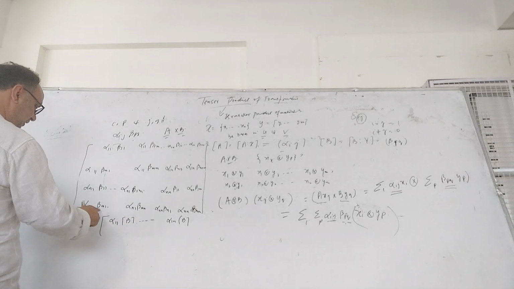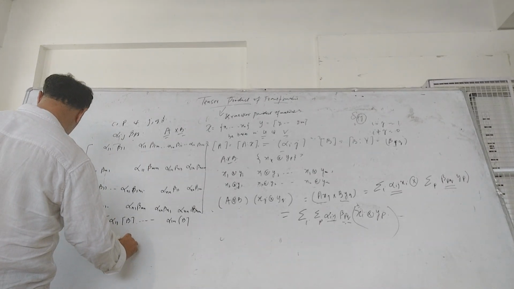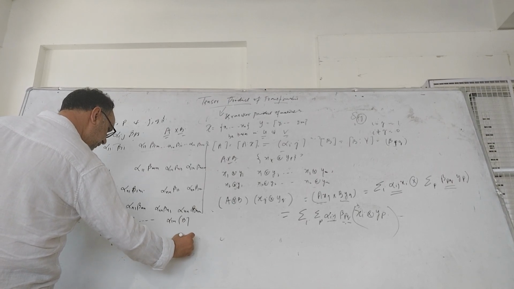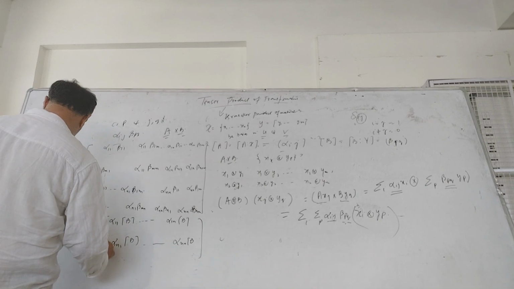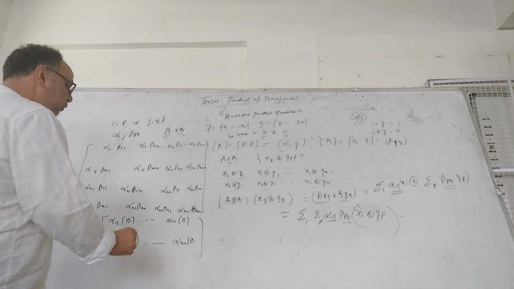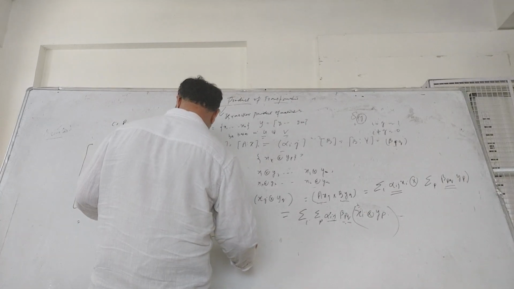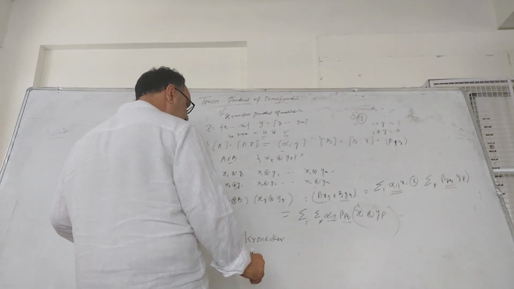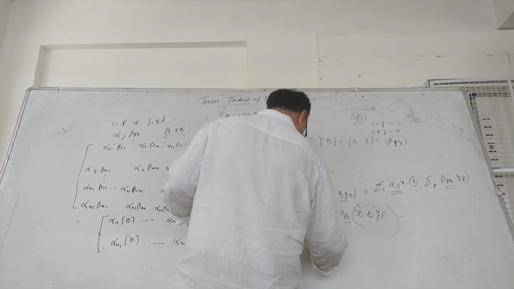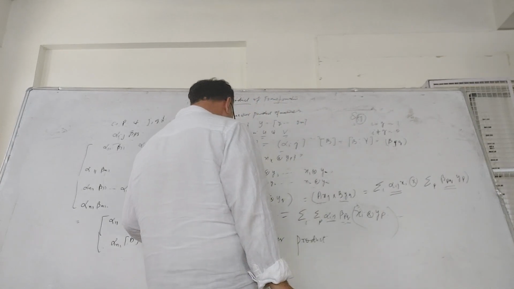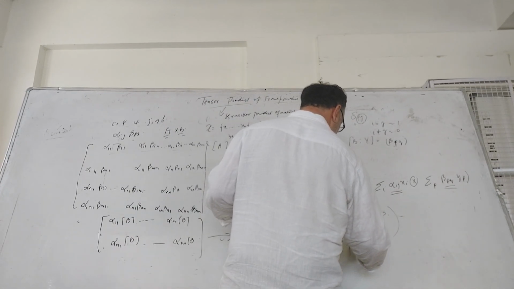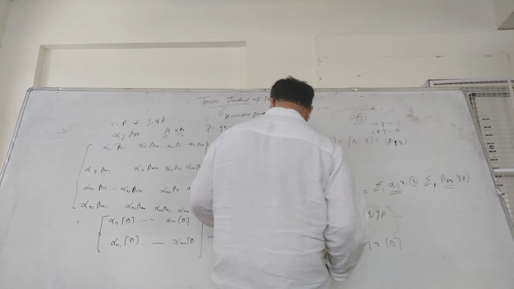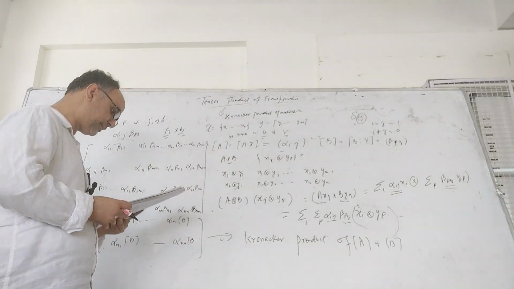The last one will be alpha n1 B and so on, up to alpha nn B. And this matrix is known as the Kronecker product of A and B, in that order.